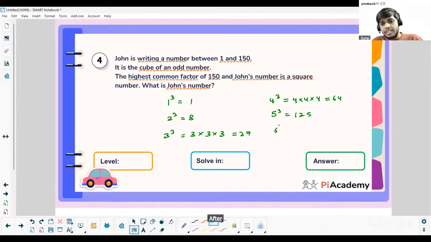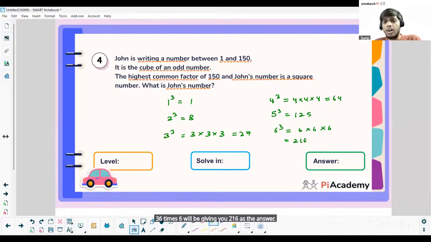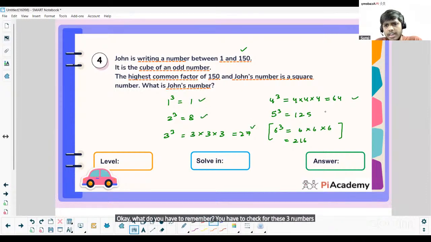After this comes 6 cube, which is equivalent to 6 times 6 times 6. 36 times 6 will give you 216 as the answer. Now, 216 is already greater than 150, so you can reject this possibility. What do you have to remember? You have to check for these 5 numbers that we have got.